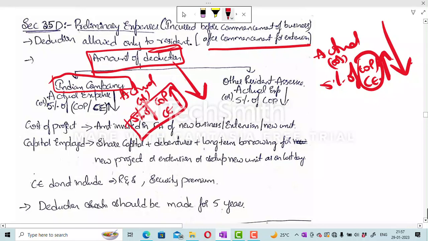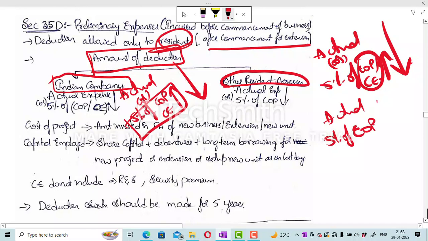Remember, this is for an Indian company. For any other resident assessee, such as a person, it is actual expense or 5% of cost of project, whichever is lower. If it is non-resident, no deduction is available. Only residents get it.